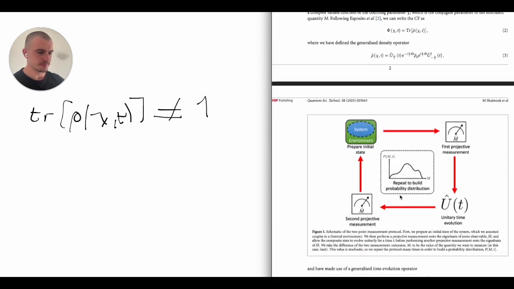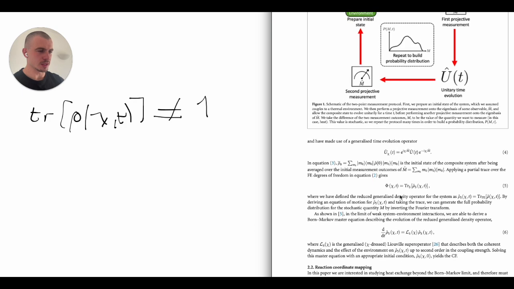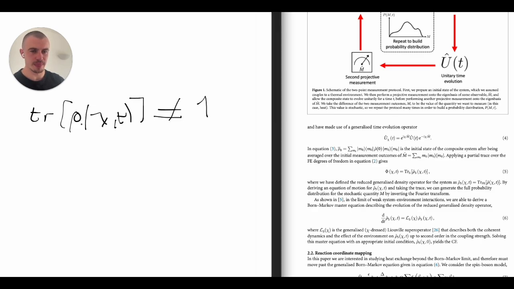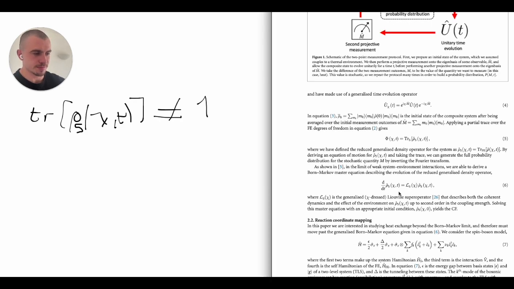And then what we can do is, if we scroll down a bit, we can take the partial trace over the bath degrees of freedom, and then we can rewrite the characteristic function simply as the trace over the system part of this generalized density operator like this. Well, why is that useful? Because we can then derive a generalized version of a master equation for that reduced system state, which is what we see in equation 6 here.